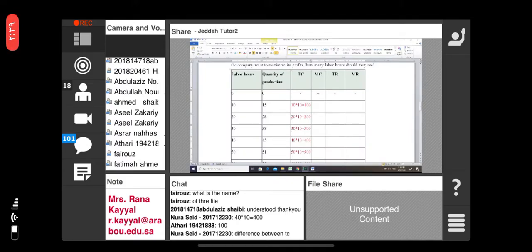Yalla, how do we calculate the marginal cost? The difference. For the first, it's just 100.